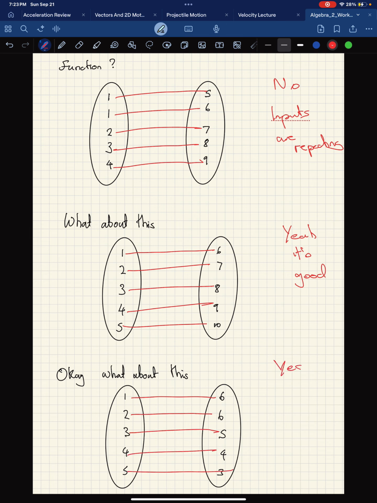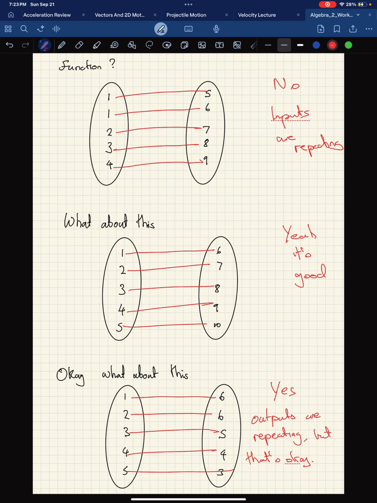Yes. Outputs are repeating, but that's okay. It's okay for outputs to repeat. Outputs can repeat, but inputs don't repeat.